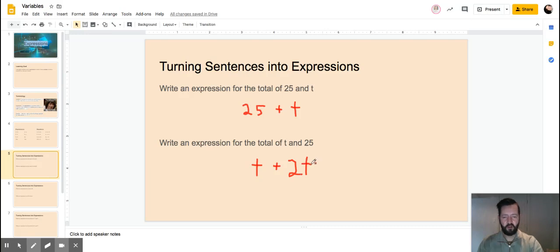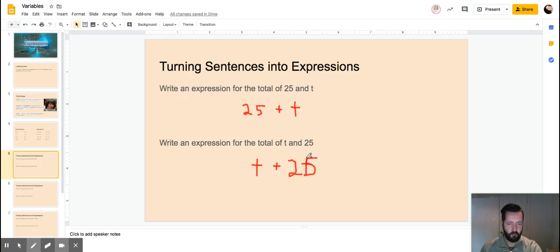Now, I'll let you in on a little secret because a little bit later today, you're going to be working on IXL, and you'll see questions in IXL that look exactly like this. Write an expression for the total of 25 and t. And if you write 25 plus t, you'll get it right. But if you write t plus 25, oops, I just realized I made a mistake here. This should be a 25.